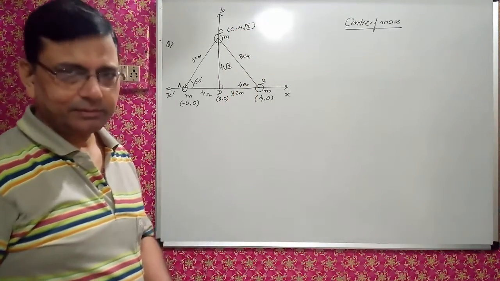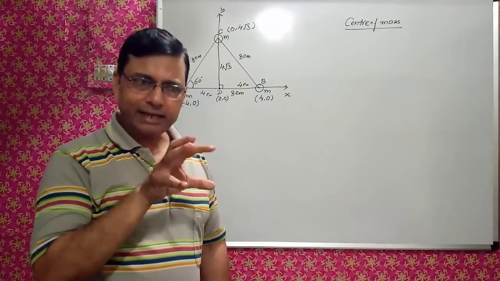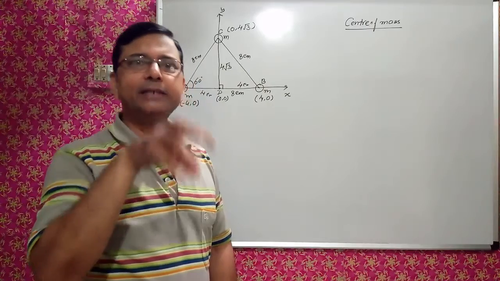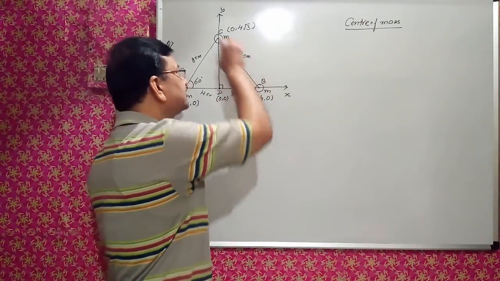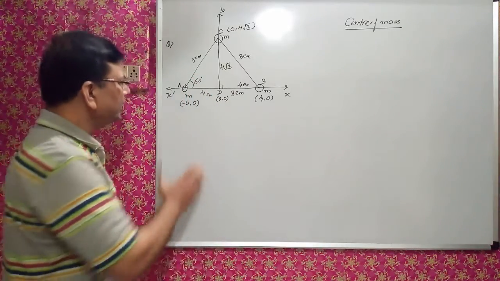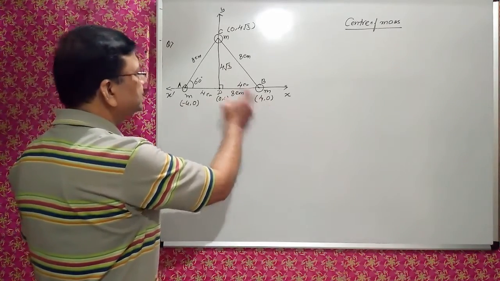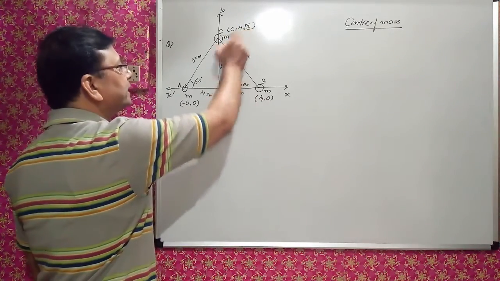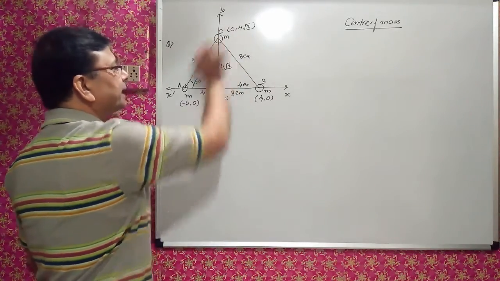It's very important which axis you have chosen, and about that axis you are writing the coordinates of the masses, scattered masses or discrete masses, right? So this is minus 4, 0, this is 4, 0, this is 0, 4 root 3, because the x coordinate is 0 over here, the y coordinate is 4 root 3, so that I have mentioned.